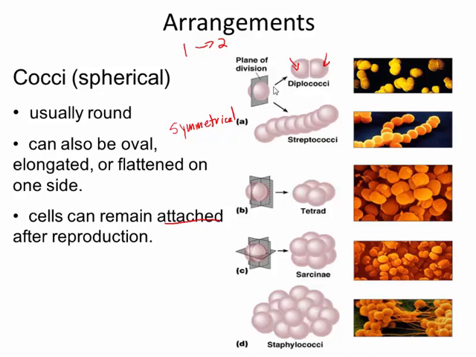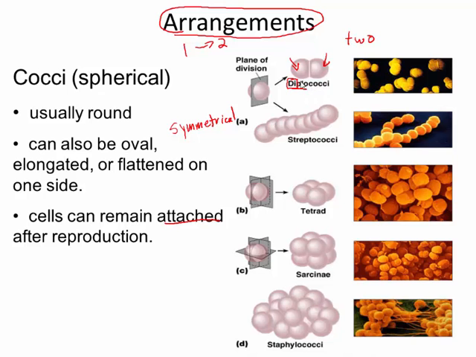So if a bacterial cell, in this case, divided one time, it would form a diplococci arrangement. Again, foundation slide. Learn the arrangements. Diplo means two. And if you look closely, it has Di, which often is associated with pair. So here I have a pair of cells. That's a diplo arrangement. Because the cells are rounded, that's a diplococci arrangement.